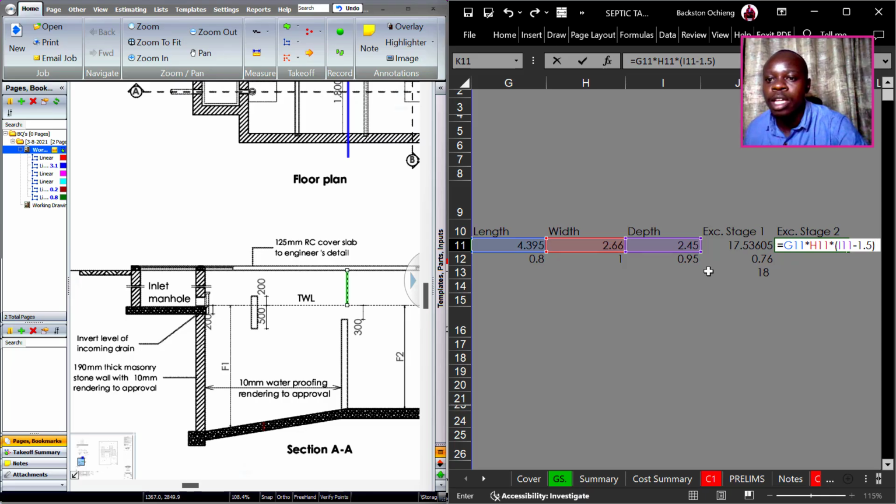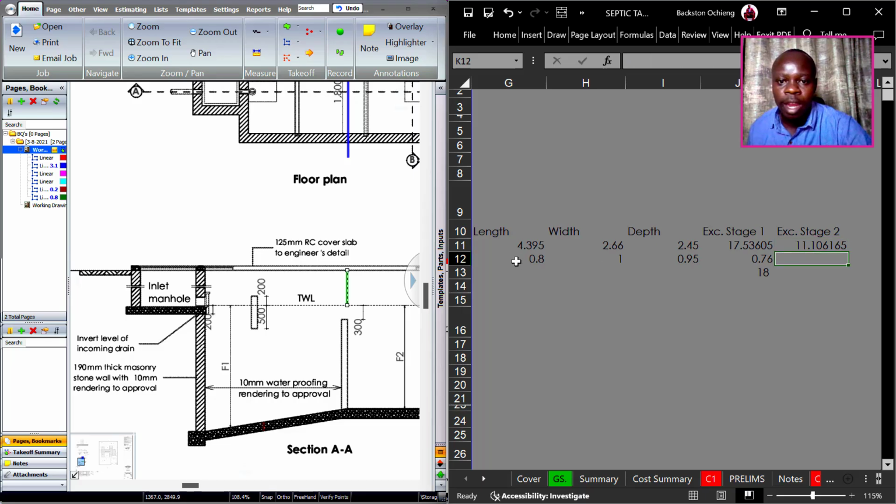So that is what we get. It becomes 11. Then for the manholes, there is not another stage, because the total was 1.5, which is the entire excavation depth to be considered. So we get this is 18, while stage 2 is 11.